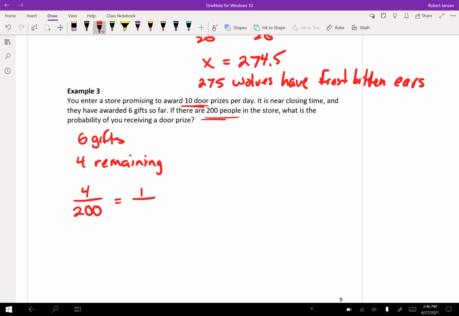We can reduce this to 1 over 50, or 0.02, or 2%. You have a 2% chance of receiving a door prize.